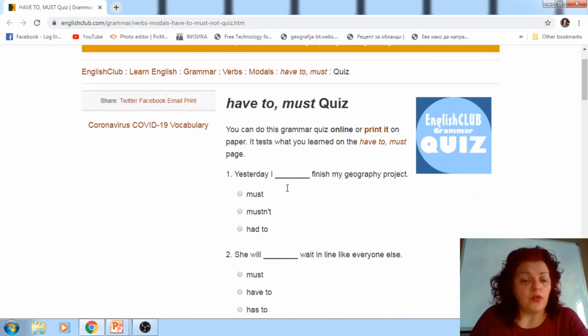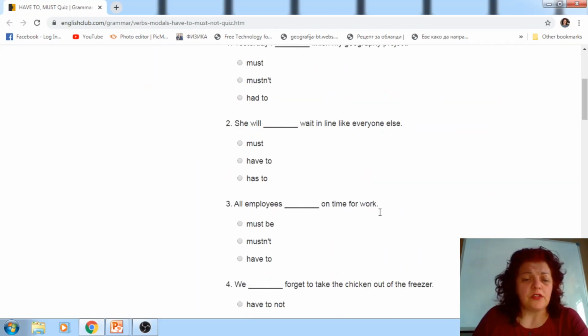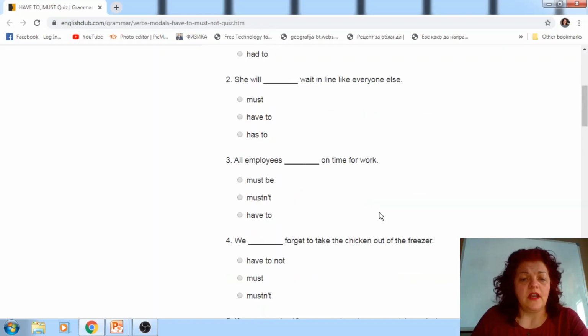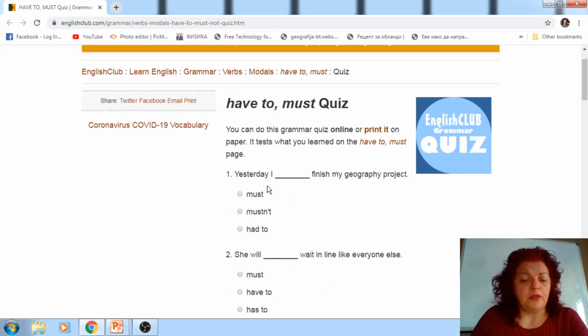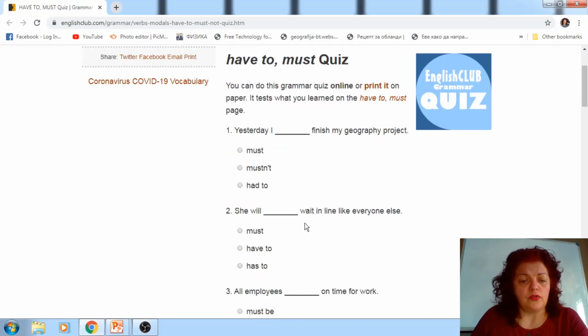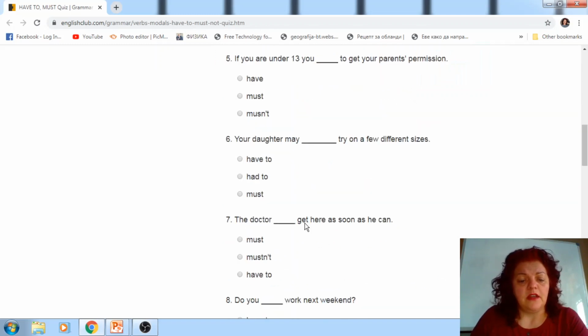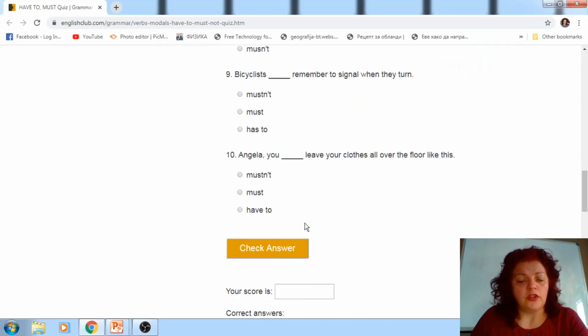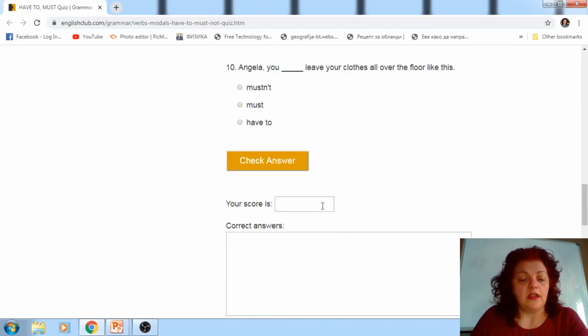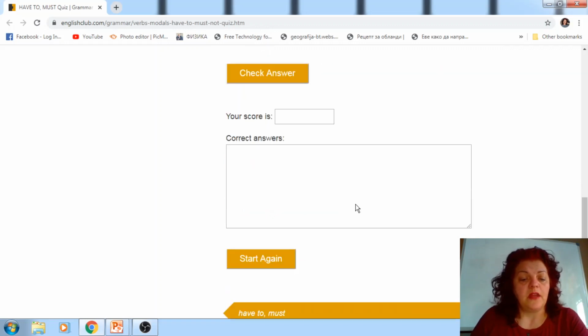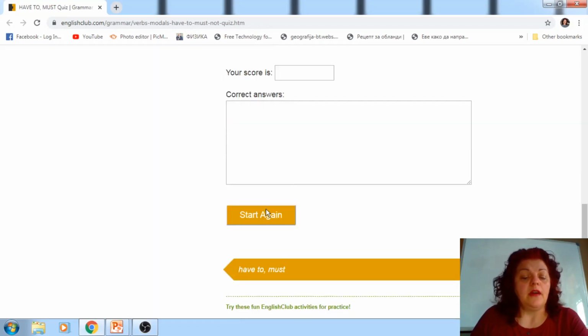You can practice here the use of the modal verbs have to and must, which is a very useful quiz. They are multiple choice answers, so you choose one and after that you can also check your answers and see the scores. Also, they can give you the correct answers if you ask, and you can start all over again.